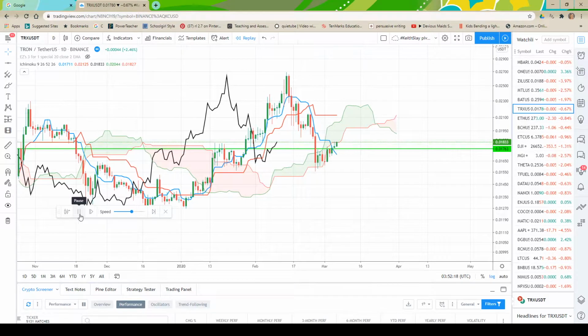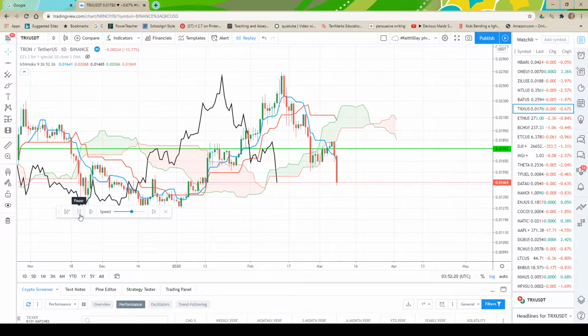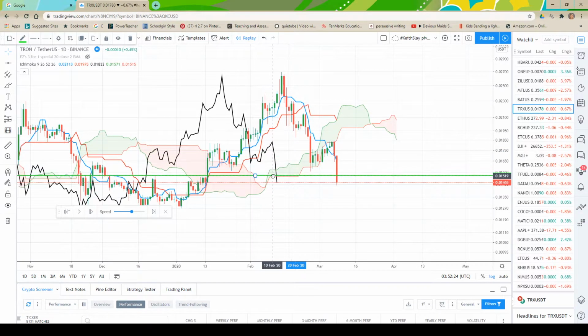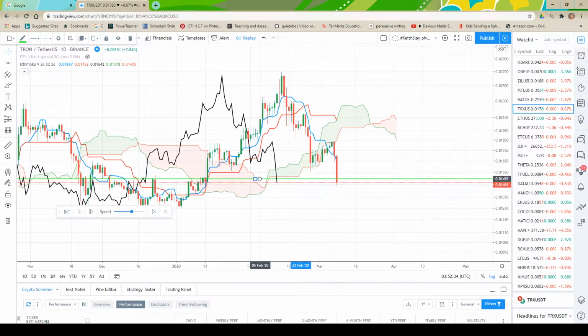We're still waiting. Lag line is still over it. Alright, right here's the point. Right there is when I would have sold, when this lag line poked under.